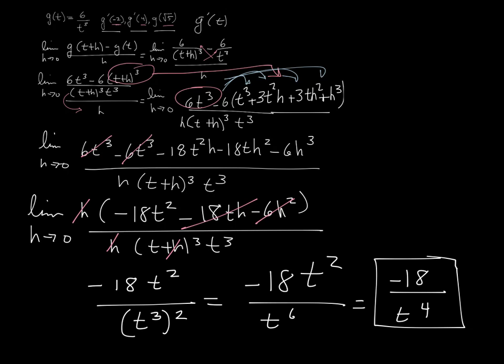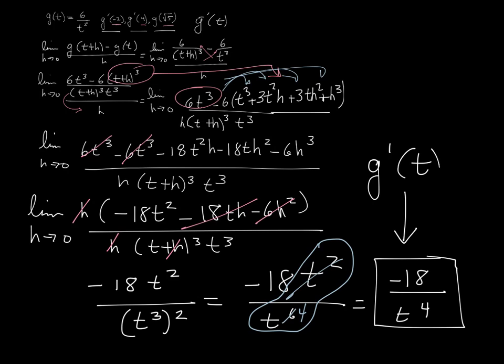Remember, when you have the same bases, you subtract the exponents, so 2 minus 6 is how I get the 4 on the bottom. Or I'm canceling these 2 with 2 down here and that leaves me 4. Alright, so once again, this is the derivative function.